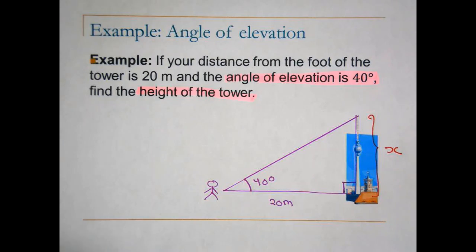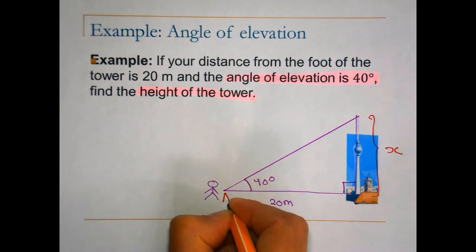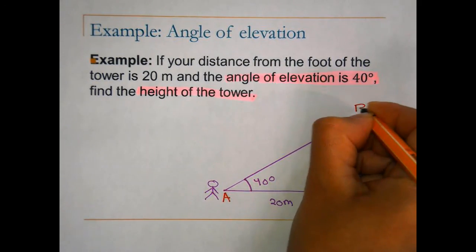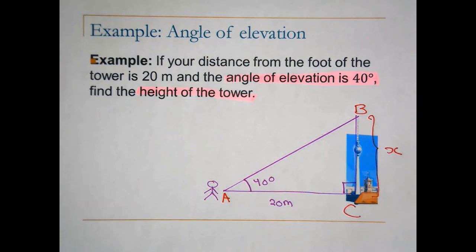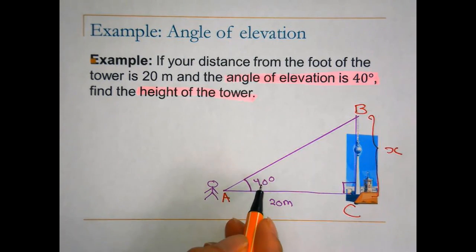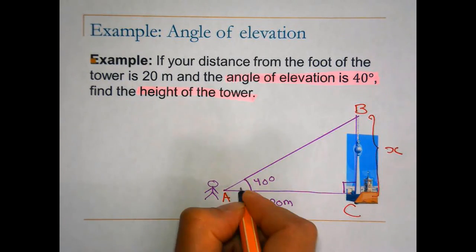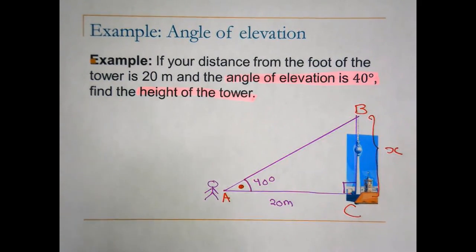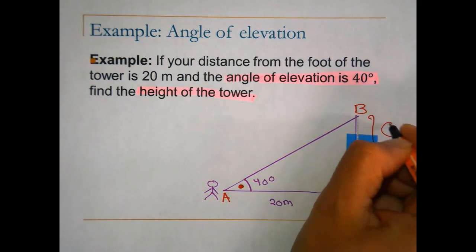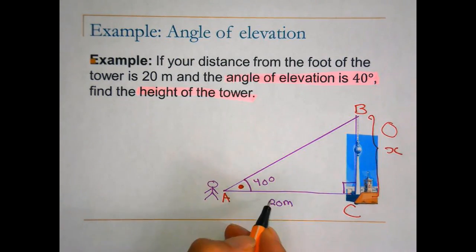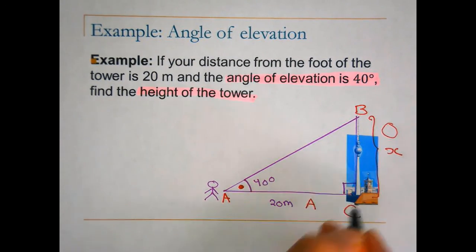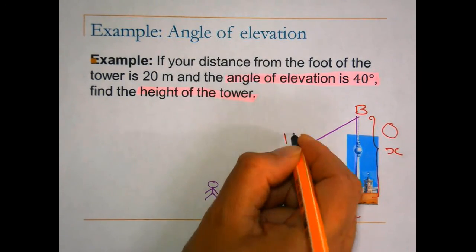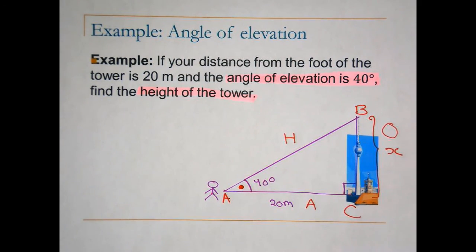So the first step is to give names to this triangle. I'm going to call it triangle ABC. The known angle is angle 40, so I'm going to label. This is the opposite. This is the adjacent. And opposite the right angle is the hypotenuse.